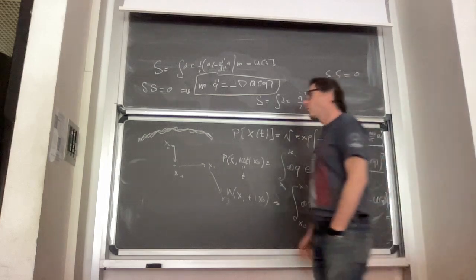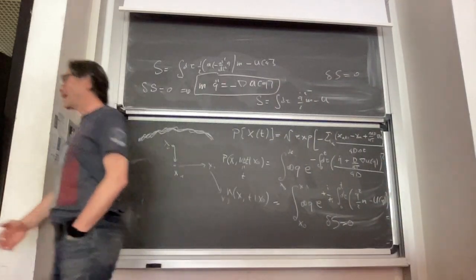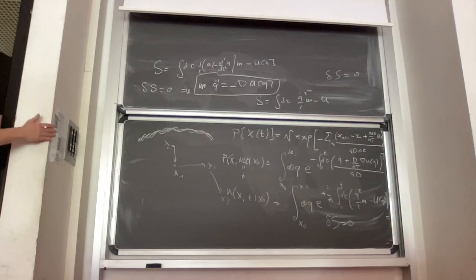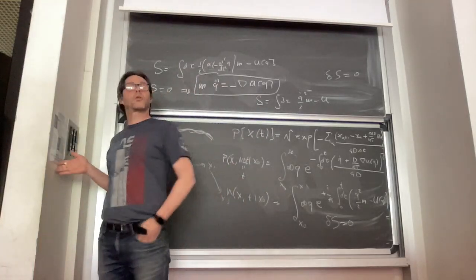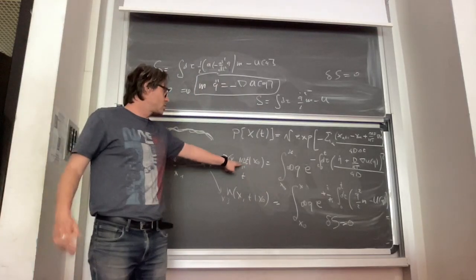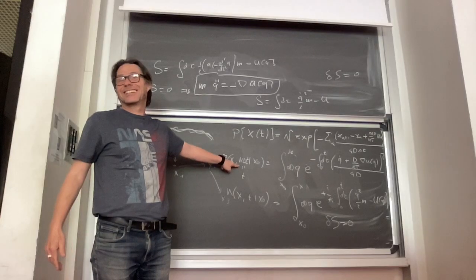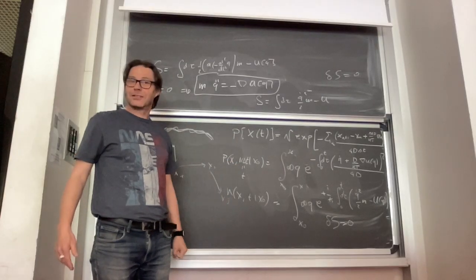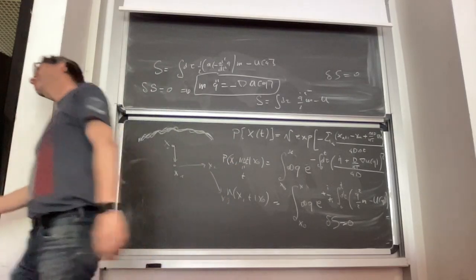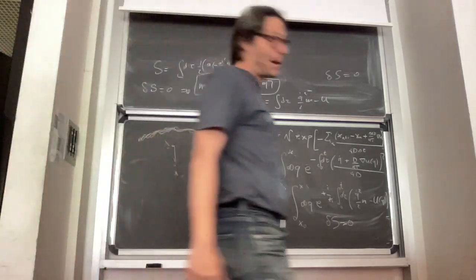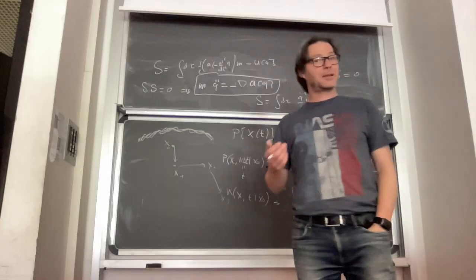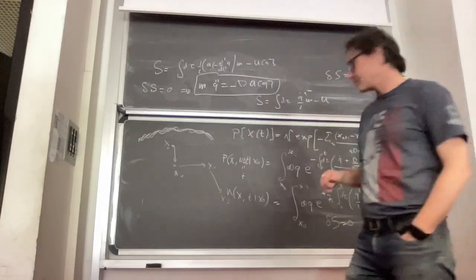So yes, when I walk through the door, I need to go around this wall because all the paths that go through the wall are destructively interfered. And only the path in which I happen to go around has a finite probability amplitude, which translates into a finite probability.